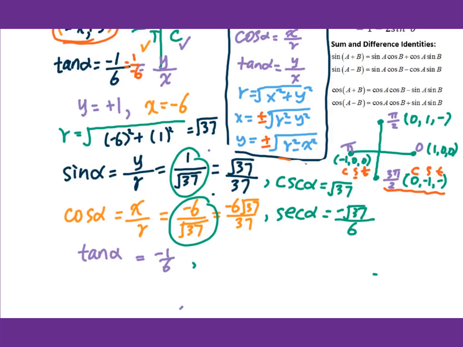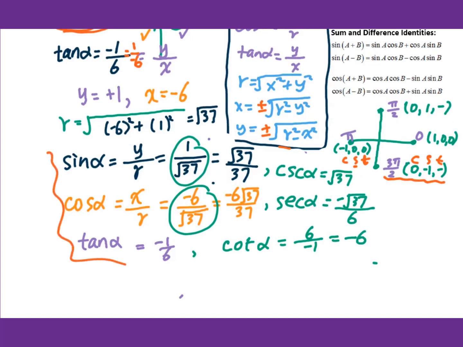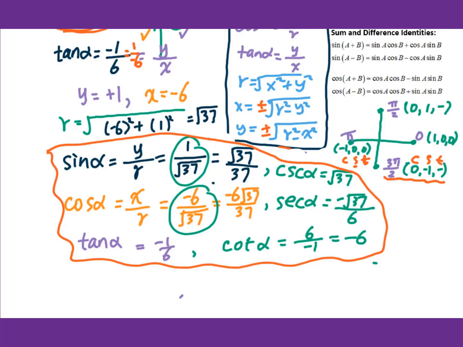For tangent alpha, the cotangent alpha equals 6 over negative 1, which means negative 6. This way we have figured out all remaining 5 trig functions.